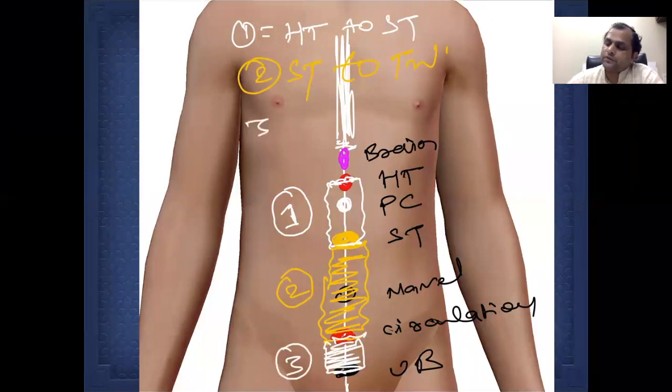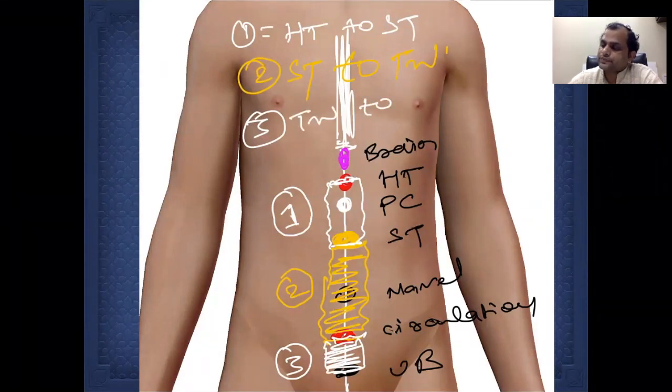The meaning of number 3 is starting from the circulation TW to UB. And finally, the last, the area available after UB, below the UB.